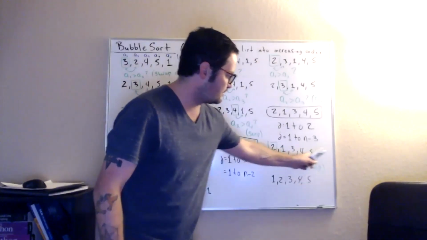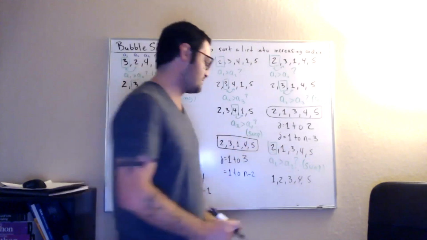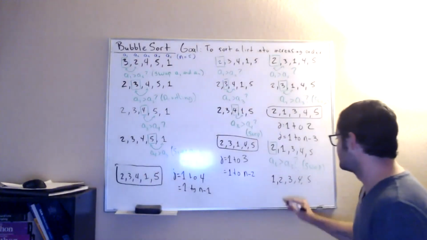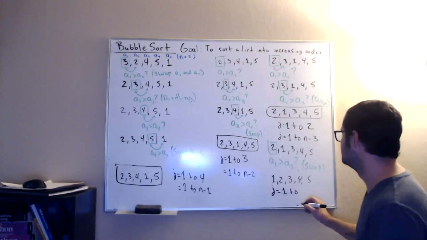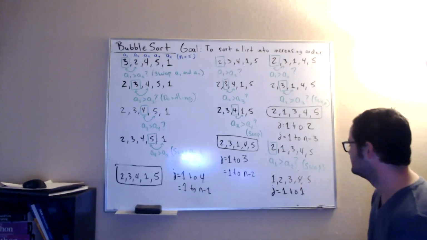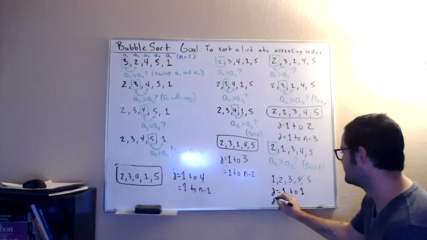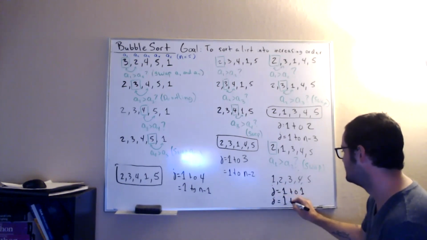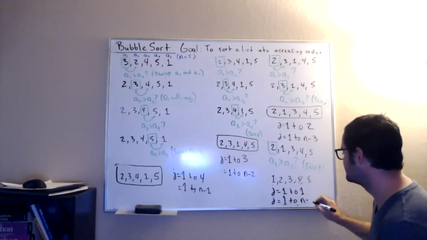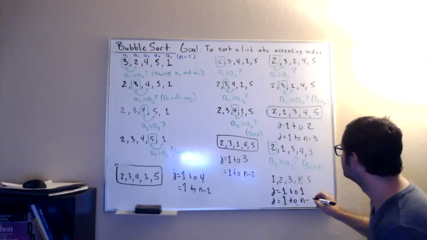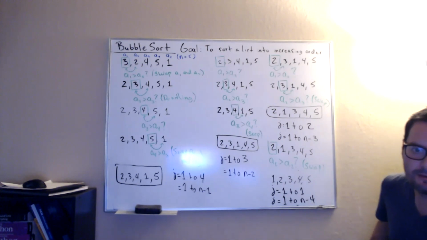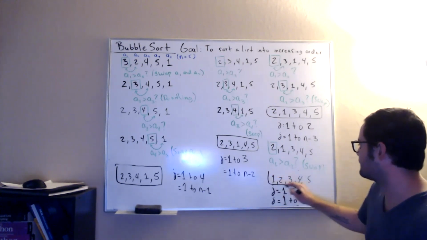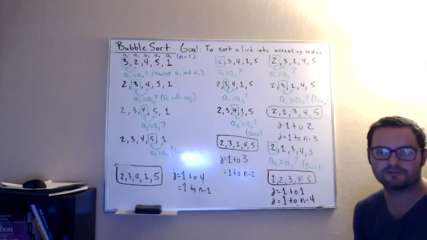And we know that those are already in increasing order, so we can stop here. So this looks like J went from 1 to 1. So this is J is equal 1 to n minus, what is it, 4. So here, this is our final list, and we can see that that is in increasing order.